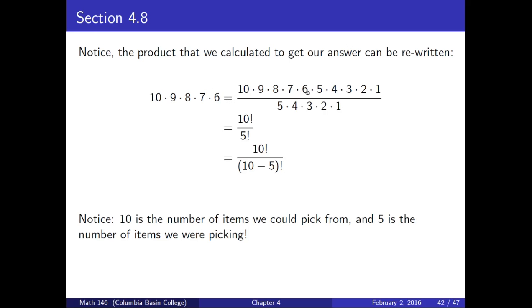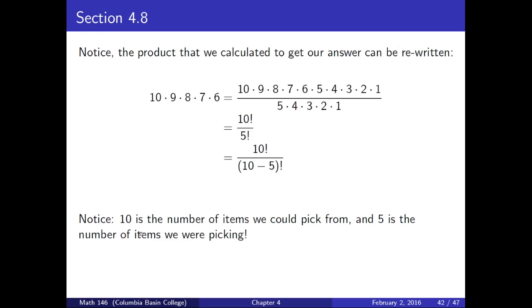Now I'm going to multiply by 5 times 4 times 3 times 2 times 1 on top, but then immediately divide out 5 times 4 times 3 times 2 times 1. Essentially, I'm just multiplying something in and dividing it out. And what am I multiplying in? I'm multiplying in a 5 factorial. So on top now, we have 10 factorial. On the bottom, we have 5 factorial. And so I can rewrite that as 10 factorial over (10 minus 5) factorial.